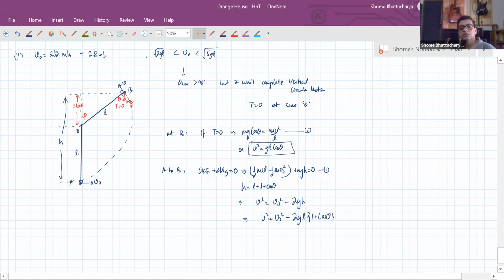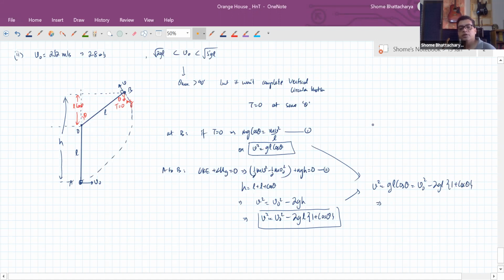So this equation and this equation, if we compare them now, we get this. Okay, so we can substitute this now.